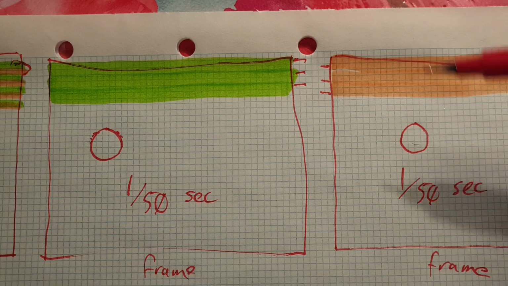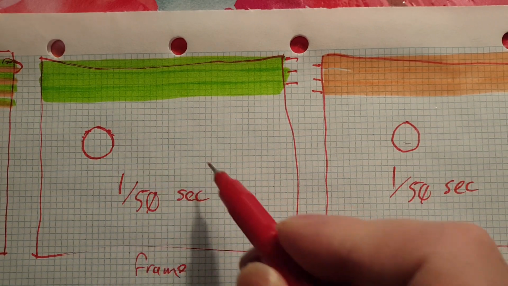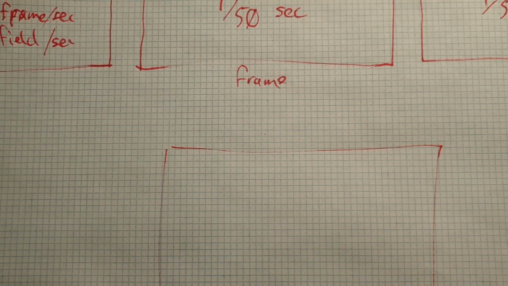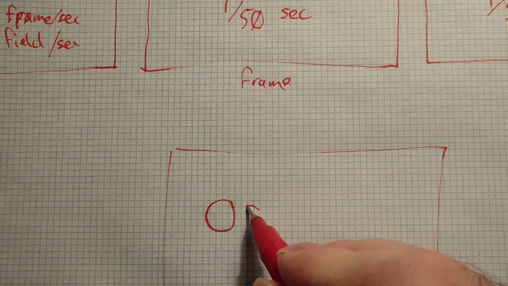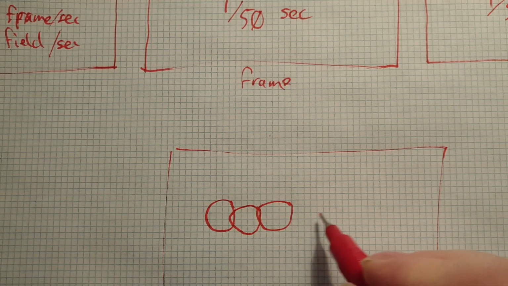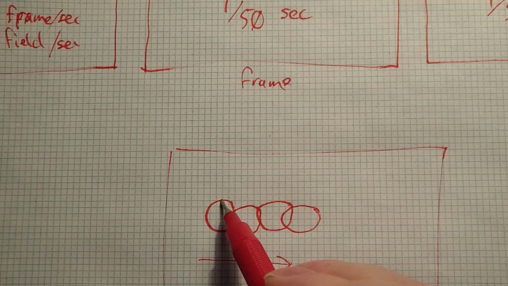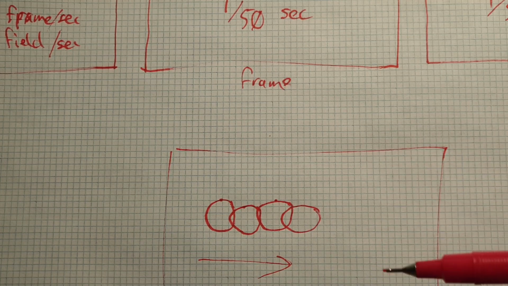Normal playback, you'll get that motion judder, and slow motion, you'll get the same thing, because I'll do another frame. You'll see that frame 1 uses that spot, and frame 2 sort of uses that spot, and frame 3 uses that spot, and frame 4 uses that spot. As if I'm talking about the same idea of a ball being thrown across the screen, it's a bit higher, it's a bit lower, it's a bit higher, it's a bit lower, and you'll see it do that frame by frame.